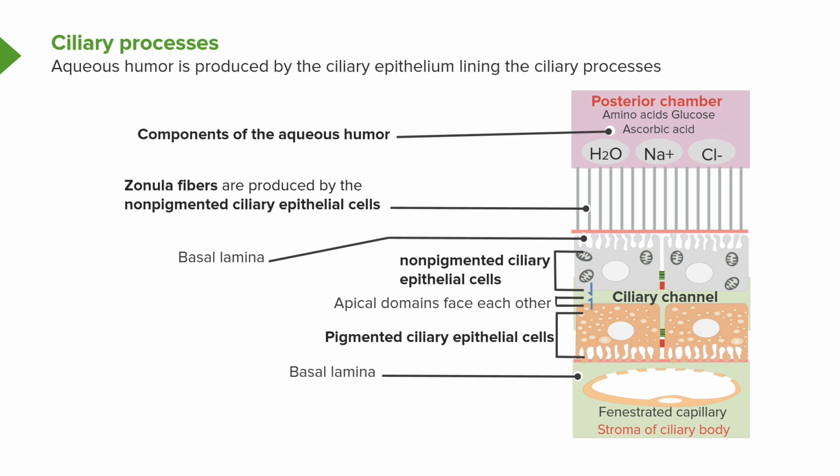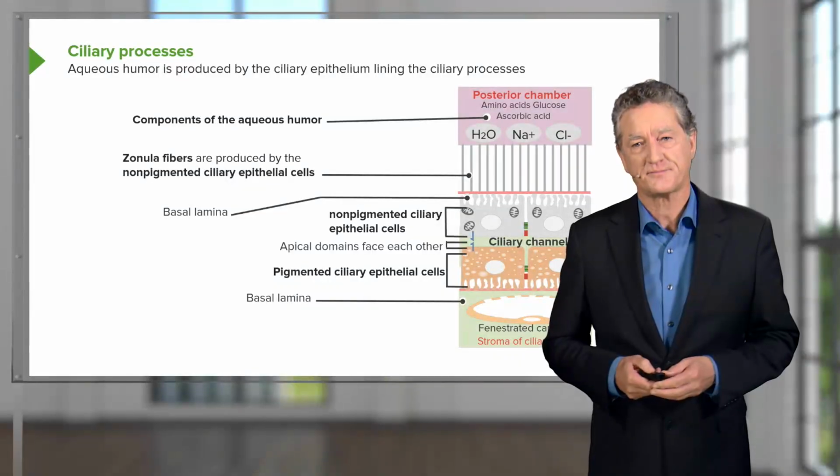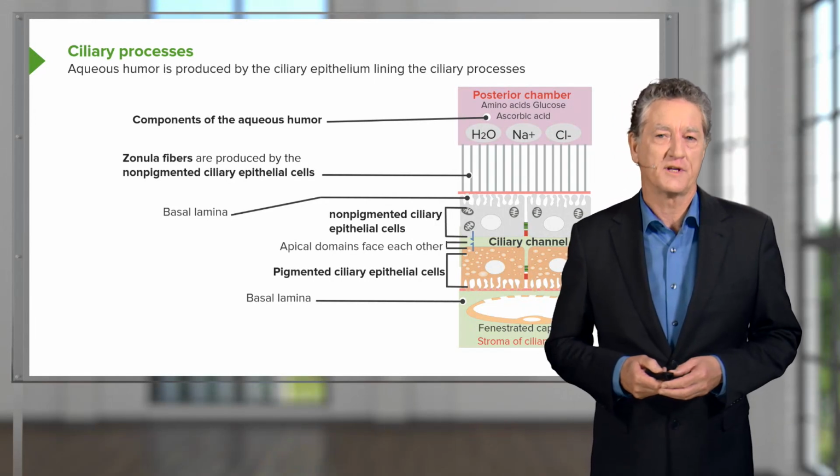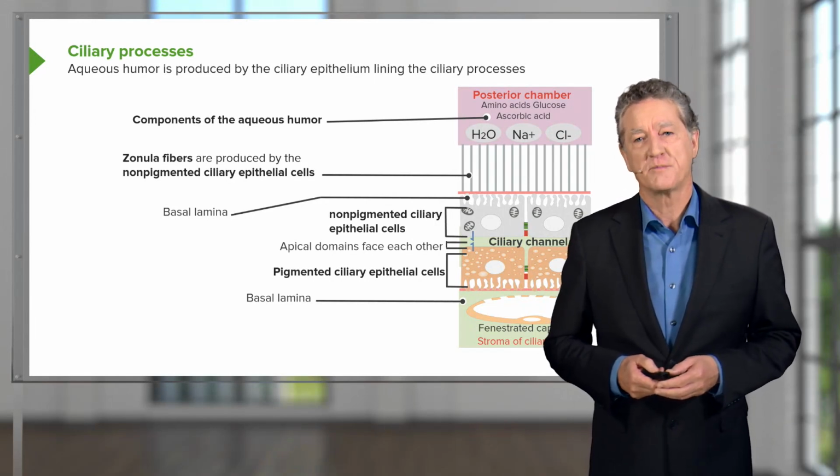Busy because not only are they producing the aqueous humour, but they're also producing those zonular fibres as well. So they're busy cells. And that aqueous humour is going to circulate through the anterior and posterior chambers of the eye.